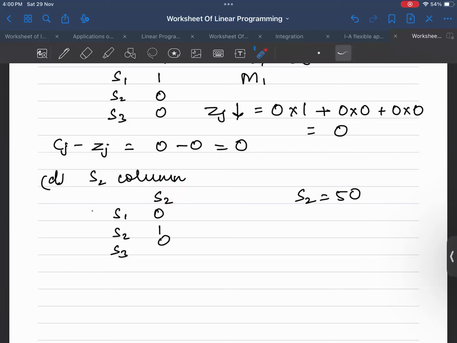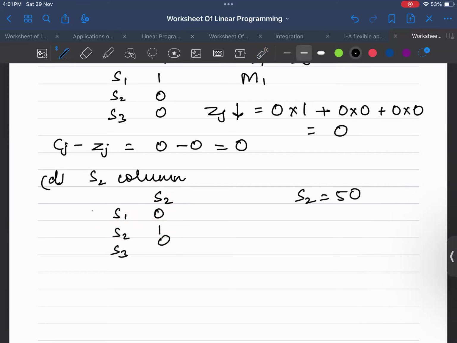S2 has no relationship with S1 or S3, so the entry 0 is given there. But the entry 1 here means that if you want to introduce 1 unit of S2, you have to sacrifice 1 unit of S2. It's simply a replacement, as we just discussed in the S1 column.